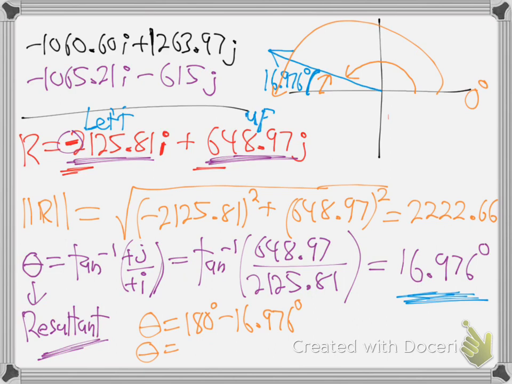I'm getting 163.02. I don't know how far they want me to round. 163.02 degrees is the actual direction that those two tugboats combine to push that ship in. That's the result of their pushes.